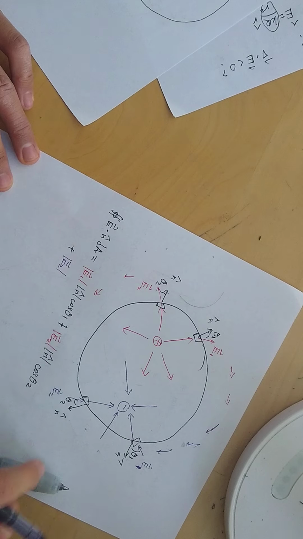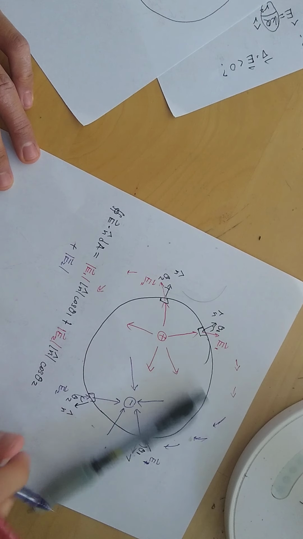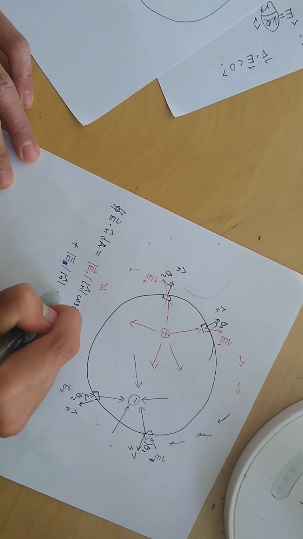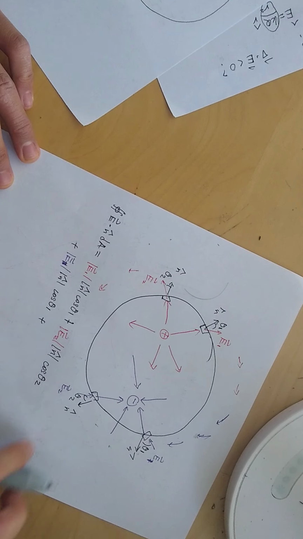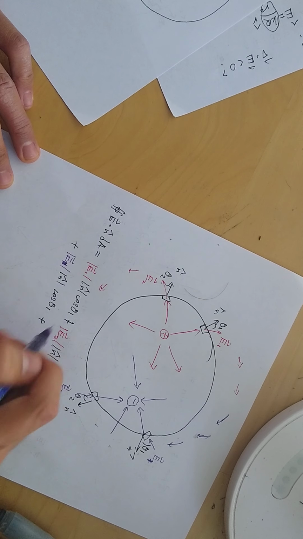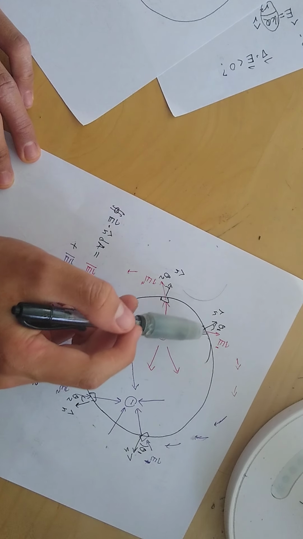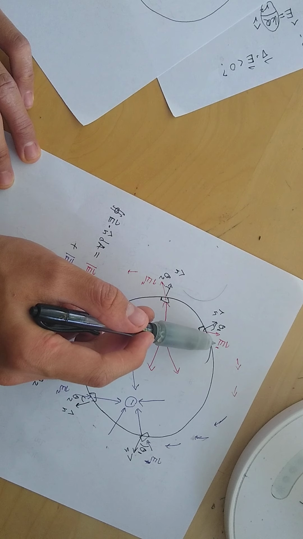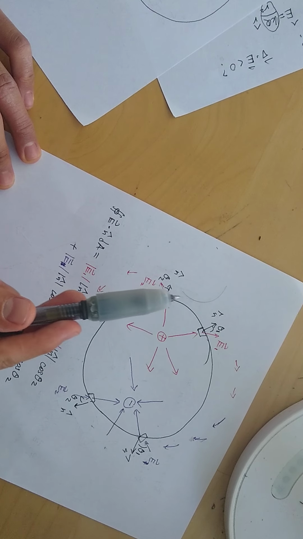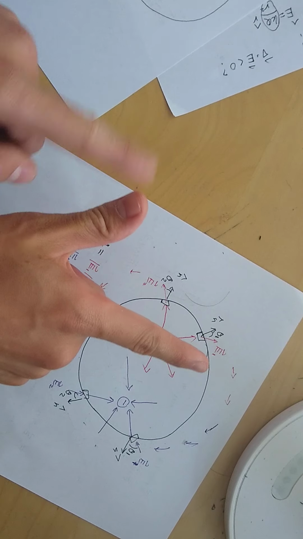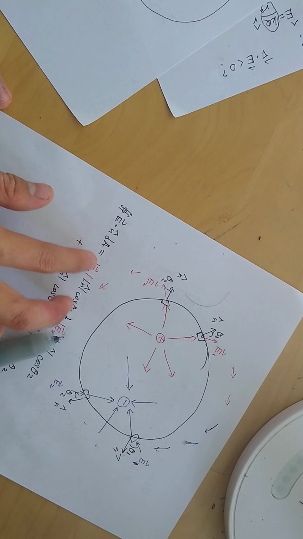So this is E1, sorry, n hat, cosine theta 1. But notice, in this case, E1 and n hat, they're in the same direction, sort of. They're separated by an angle theta, but the dot product is positive.